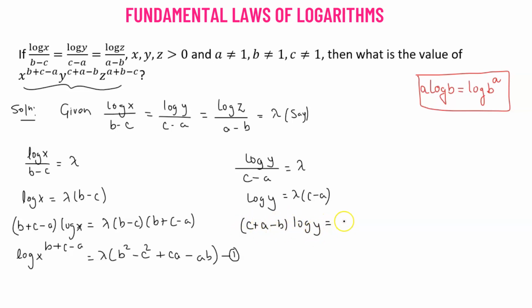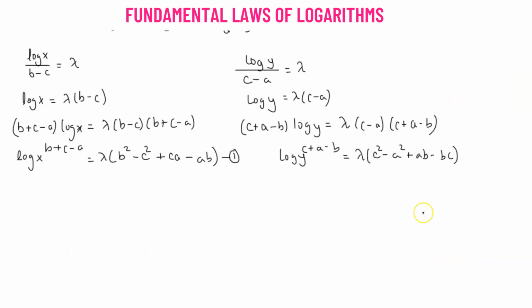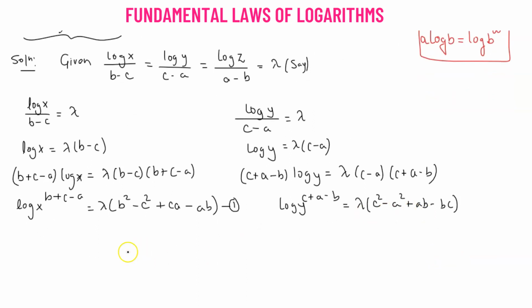That will equal lambda times c minus a multiplied to c plus a minus b, or we can say log of y raised to the power of c plus a minus b equals lambda times, so we'll multiply c minus a with c plus a minus b, which will give us c squared minus a squared plus ab minus bc. We'll call it equation number 2.